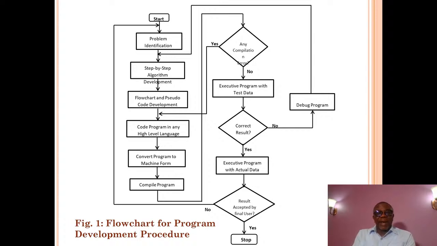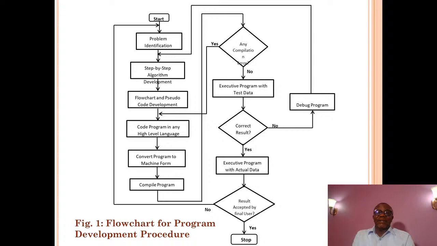Now, after compiling the program, you take a decision. Are you seeing any compilation error? You see the line move up again to enter the decision box. If you look at the decision box, you see one arrow coming in and two arrows going out. You take a decision: any compilation error? If there is a compilation error, what do you do?